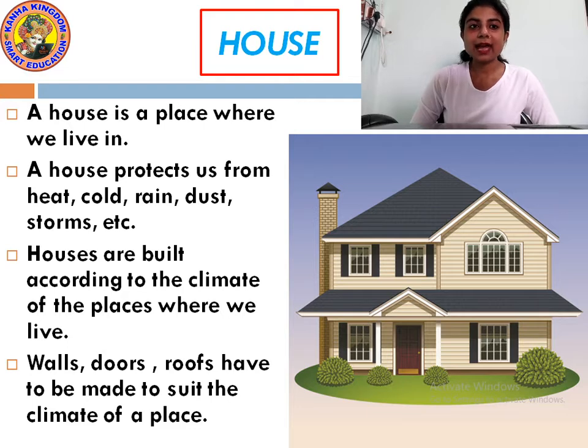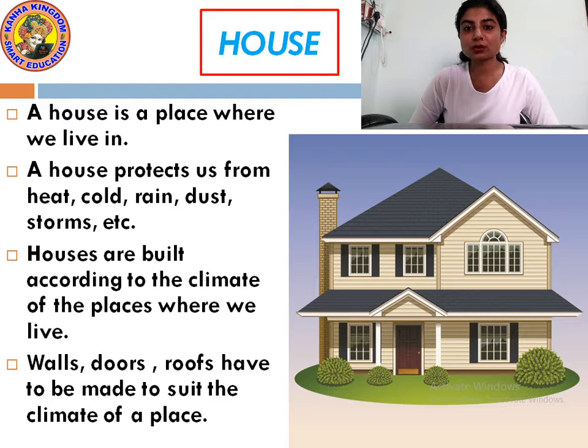Understood? Then walls, doors, roof have to be made to suit the climate of a place. And when we build a house, we should build walls, doors, roof, everything according to the climate. Okay. Here we have what kind of roof? We have terrace, yes or no?